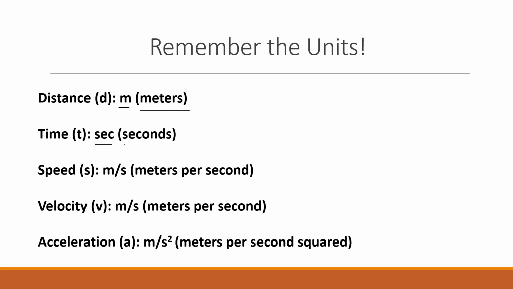If you see seconds, seconds. Meters is distance, seconds is time. Meters per second, there's both speed and velocity, but this is the big one. If you see meters per second squared, that is an acceleration. If you see that, then you know you need to use an acceleration equation.